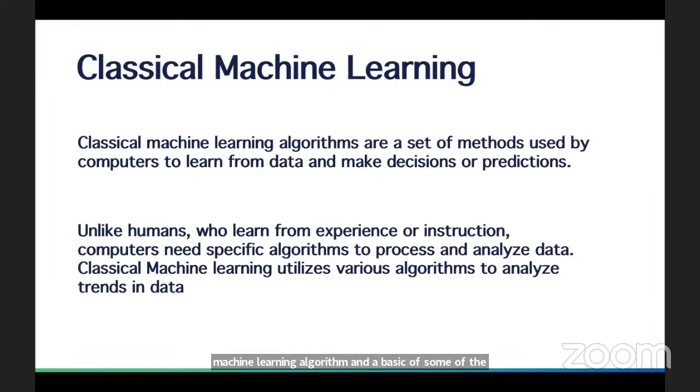All right, so what is classical machine learning? Classical machine learning algorithms are a set of methods used by computers to learn from data and make decisions or predictions. So we are learning from data. Unlike humans who learn from experience or instructions, computers need specific algorithms, right?